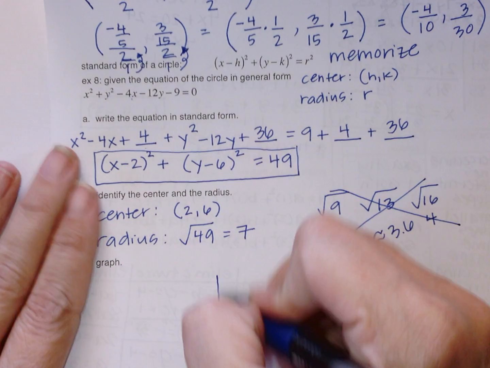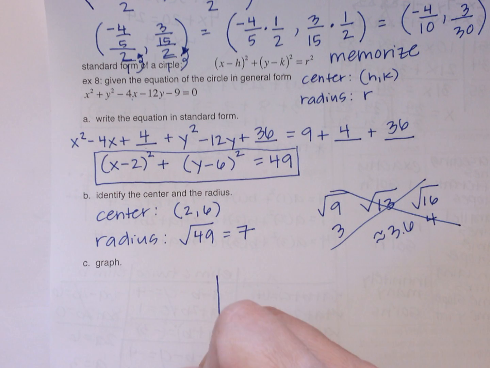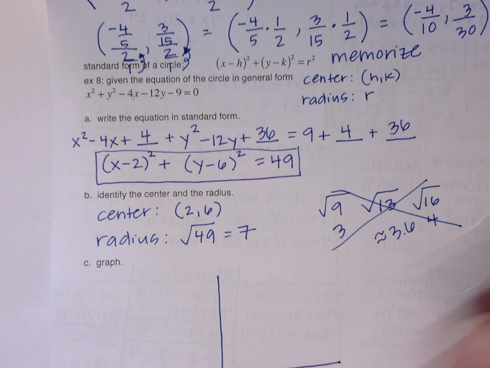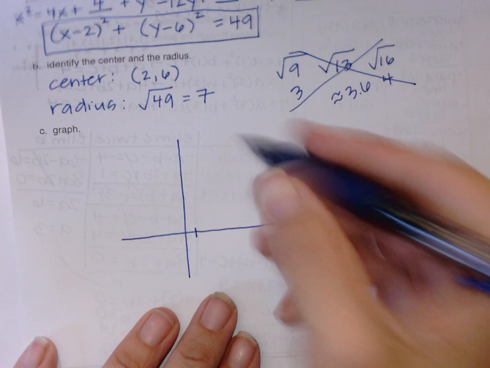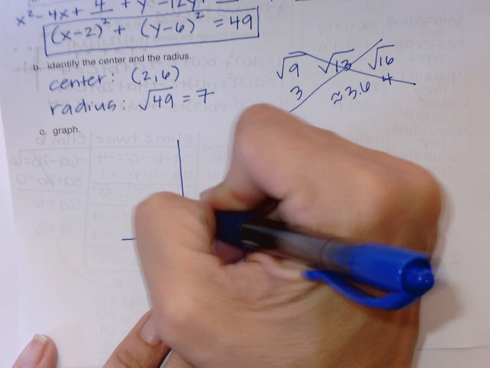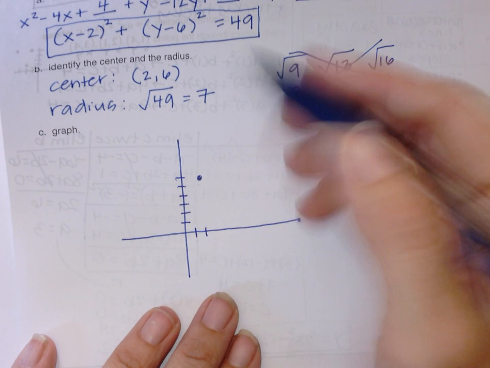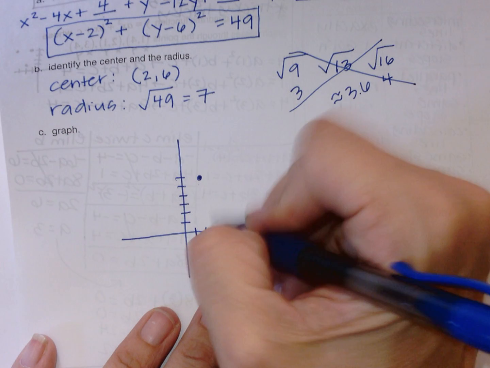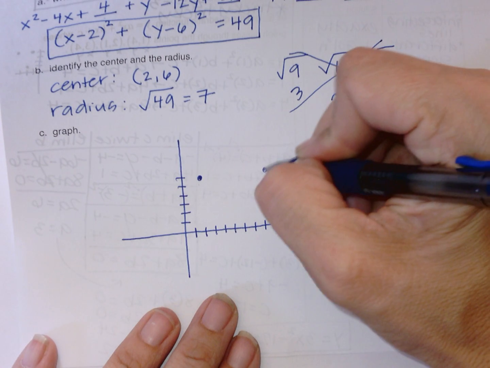And then the last part says to graph it, so what we're going to do is graph this. So the center is at 2, 6. We don't have graph paper, but we're okay. So here's the center. And I have to go out 7 in every direction. So go out 7 from the center.